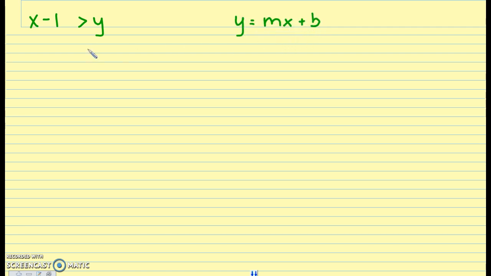So I want to change this inequality just slightly because I want my y on the left side. When I flip the y to the left side of the equation, remember my sign will change. So I get y is less than x minus 1. Okay? And this kind of looks like I have a slope of 1, that's my m, and my b is minus 1. That kind of looks like that y equals mx plus b format.